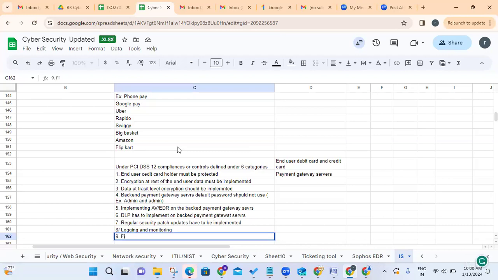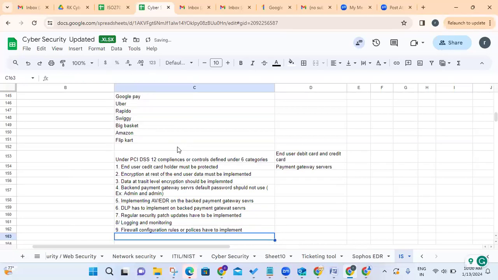Next one is on the perimeter side, firewall configuration rules or policies you have to implement for those apps, because PhonePe or Google Pay or Uber and everything you are accessing through the internet, through mobile data.